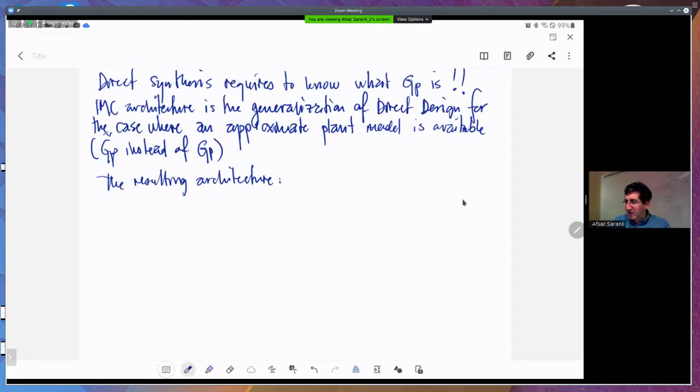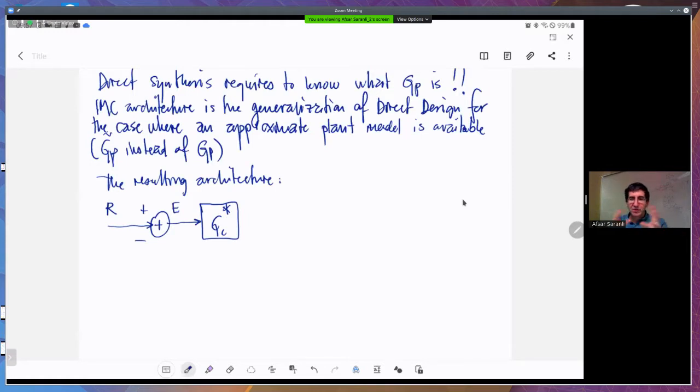So the resulting architecture is something like this. You have again a reference signal. You have still a comparison block. And you still have some kind of an error signal, but you will see that the error signal is actually quite different. In this case, you have a different controller, because this controller will not be the same as the one used in the output feedback architecture.